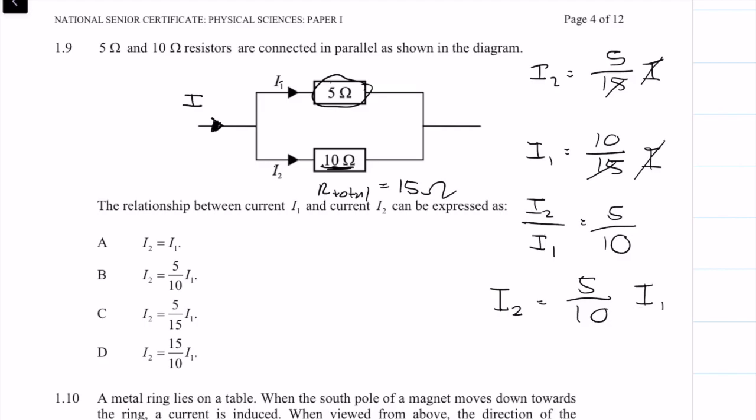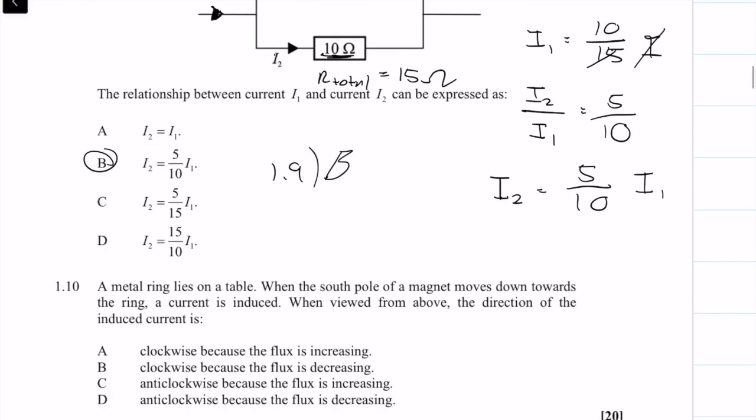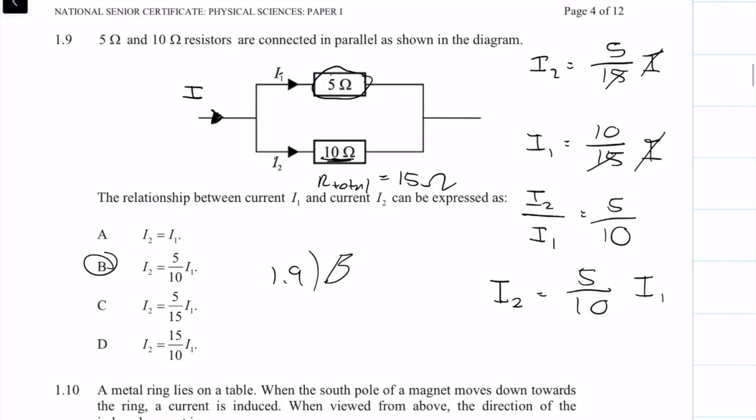Is that an option? 5 over 10 I1, option B, so 1.9 is option B. Okay, so that one was a bit difficult for me to explain. I hope you guys understood what I'm saying. Basically, when we have resistors in parallel, the smaller resistor will always get the greater current.